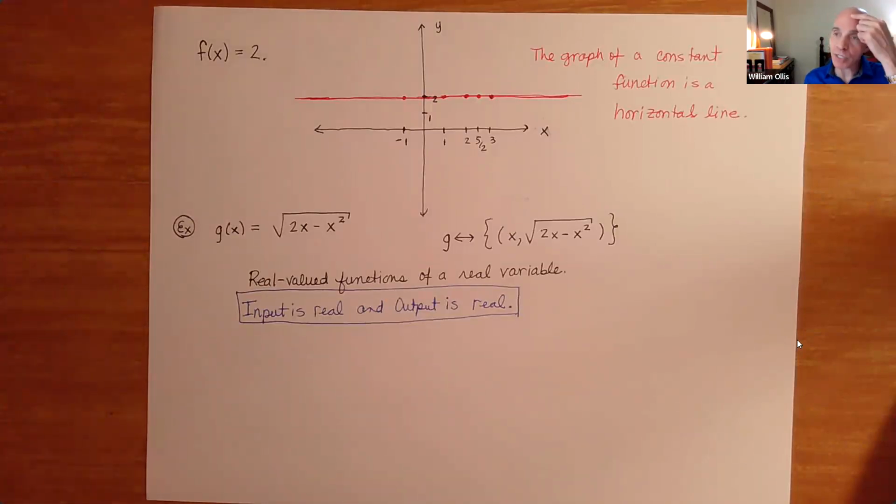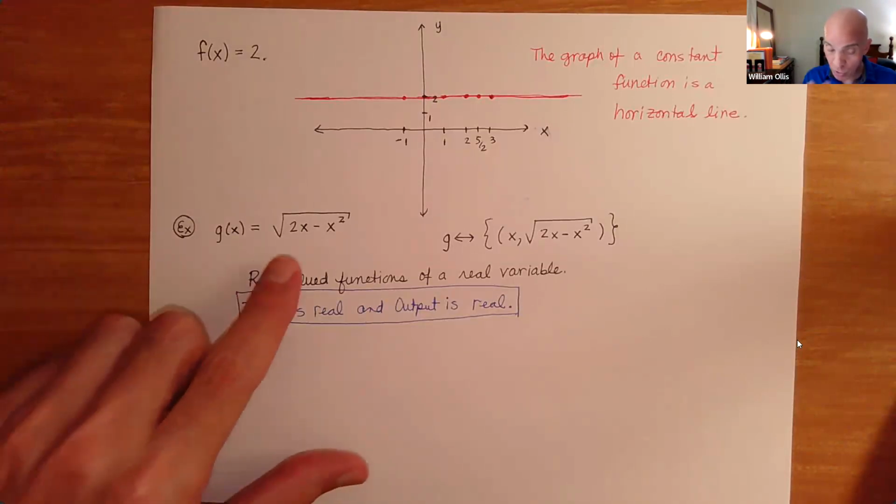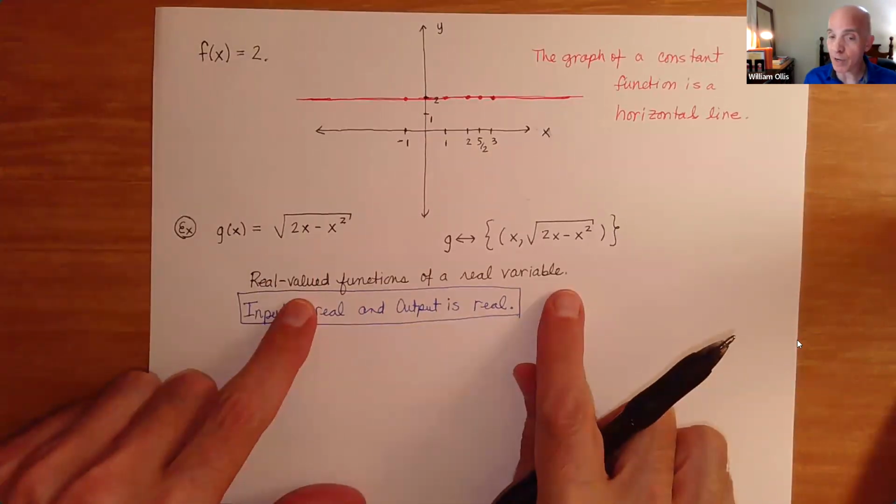And so as you continue in your mathematics, you may eventually take a course in complex variables where you look at functions that are complex valued, that have imaginary outputs. So that should be a relief to you that now we just want to restrict to these types of functions.